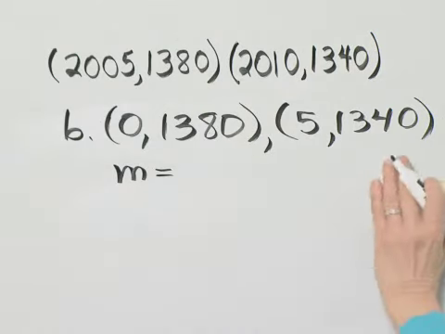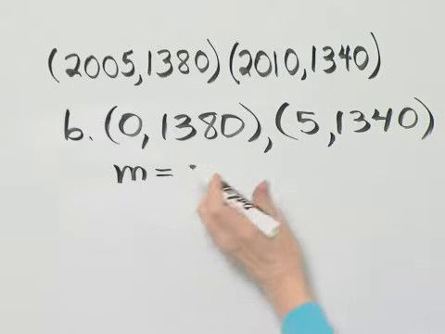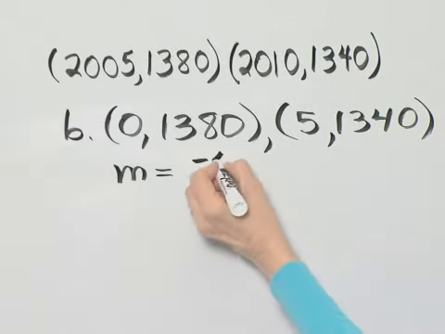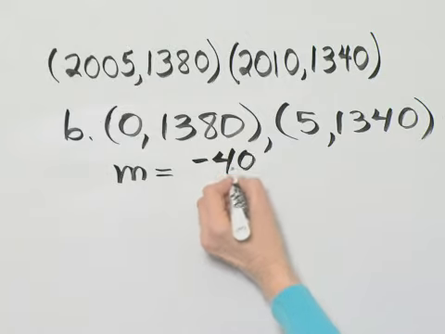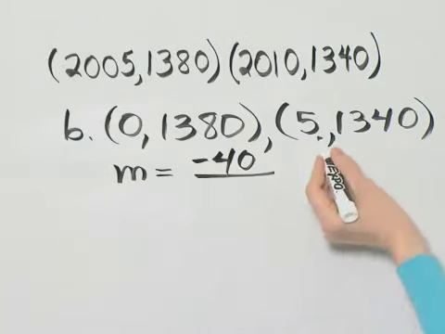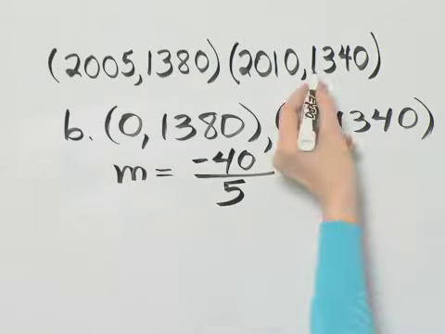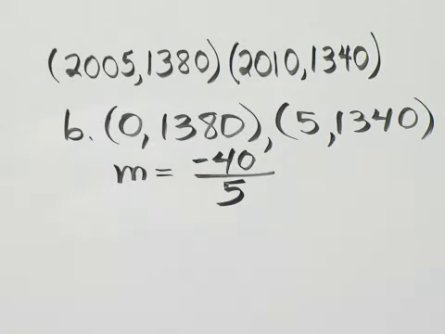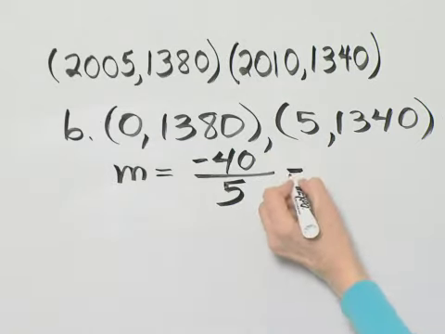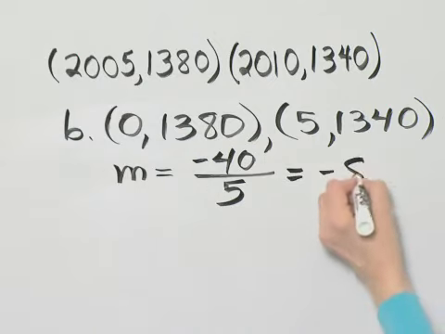It doesn't matter, but y minus y, that's negative 40 as it was before, and then x minus x, that's 5 as it was before, and so that slope is negative 8.